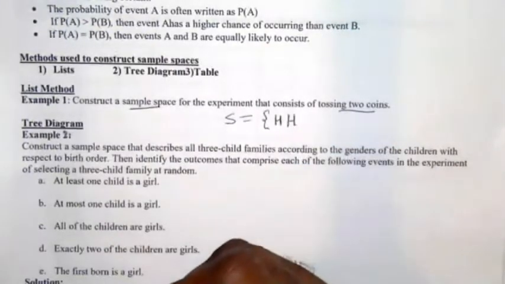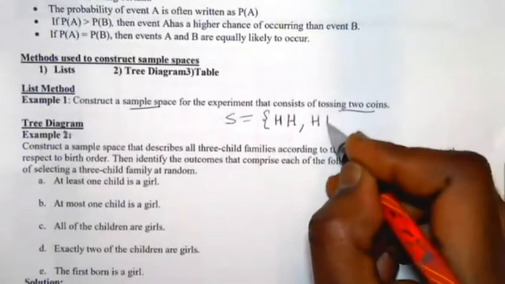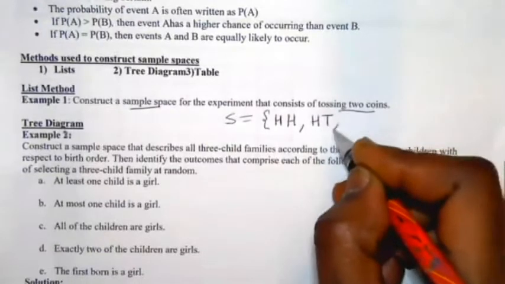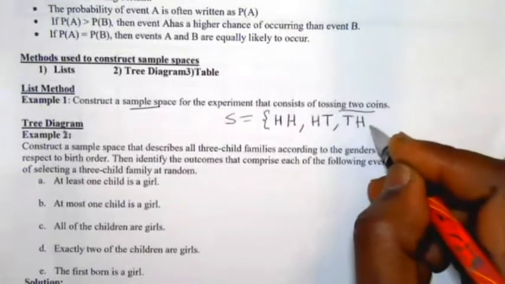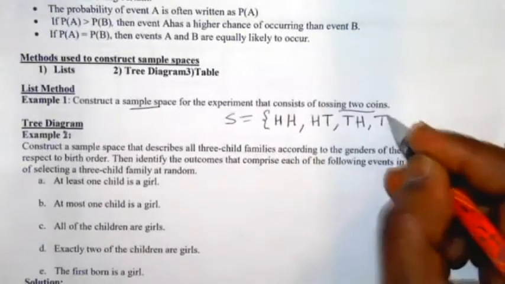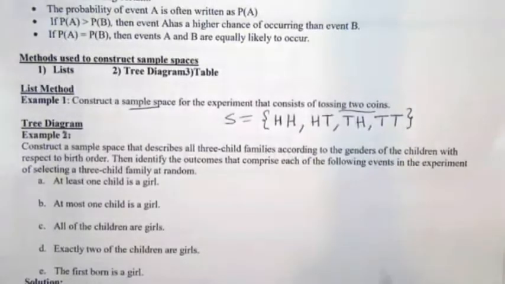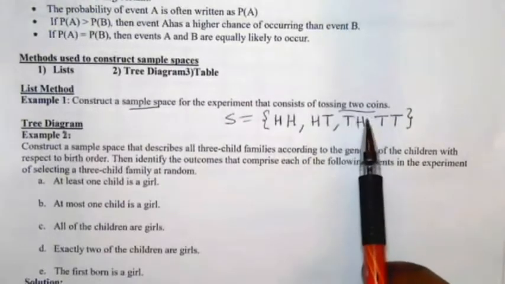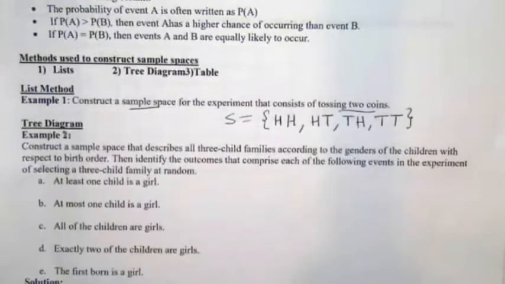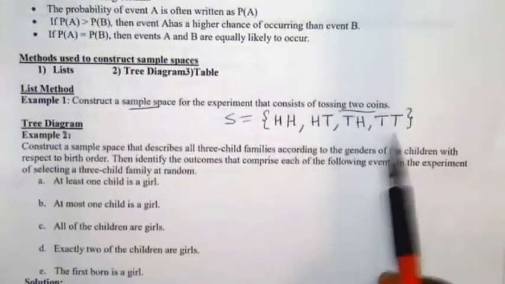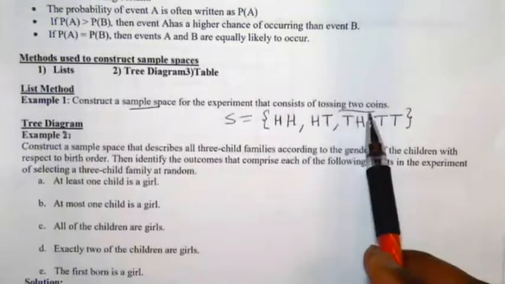So I can have 2 heads. Or I could have the first landing on the head and the second landing on the tail. So HT. I could have the first landing on the tail and the second landing on the head. And then the first landing on the tail and the second landing on the tail. So this would be my sample space for tossing 2 fair coins, right? 4 different possibilities. Okay, so this is a listing method. It's easy to just list this when I have the 2 coins.